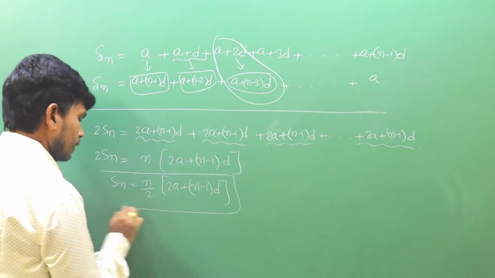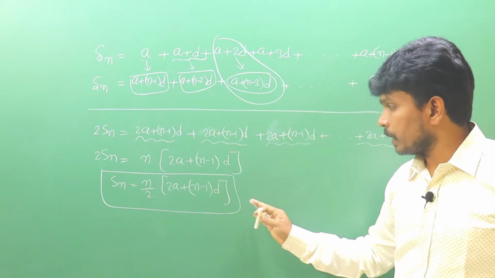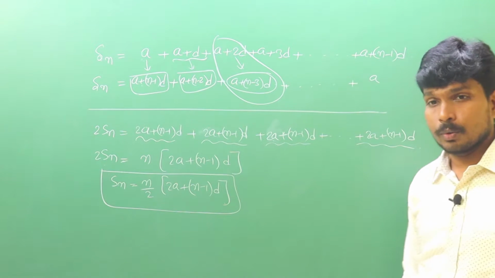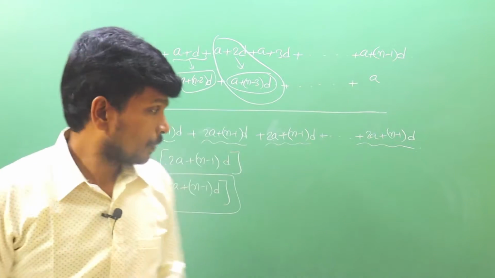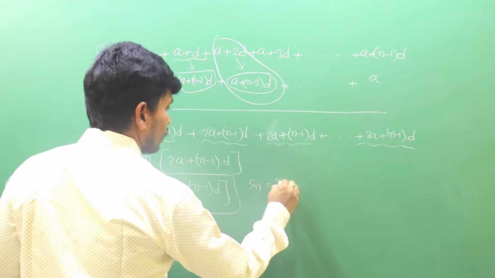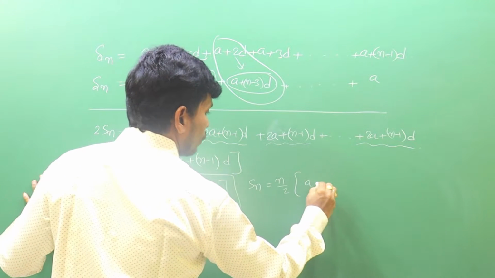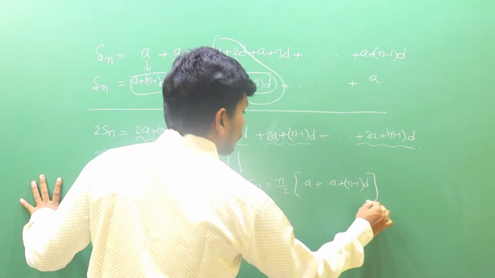This is your formula for the sum of the n terms in AP: Sn is equal to n by 2 into 2a plus n minus 1 into d. I am also expressing this formula like this: Sn equal to n by 2 into a plus n minus 1 into d.